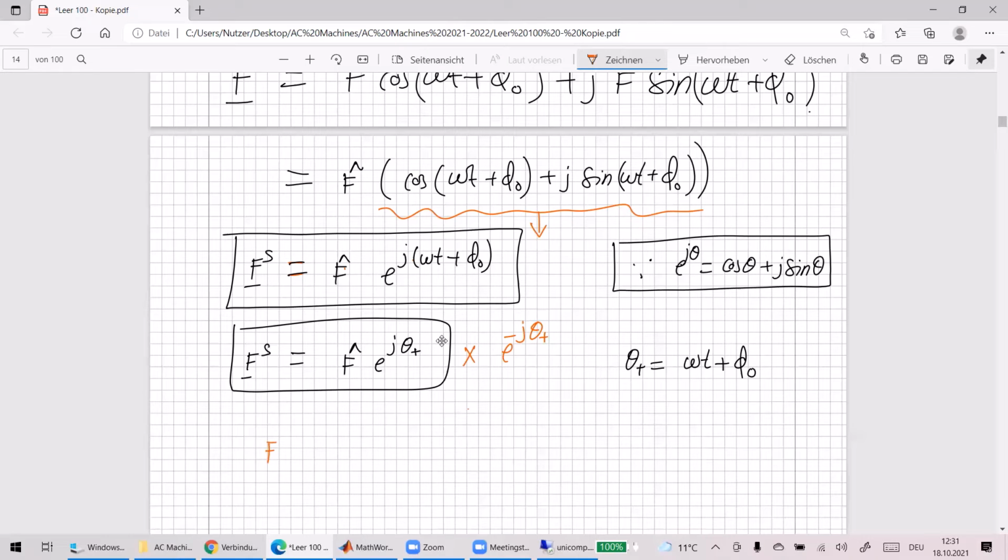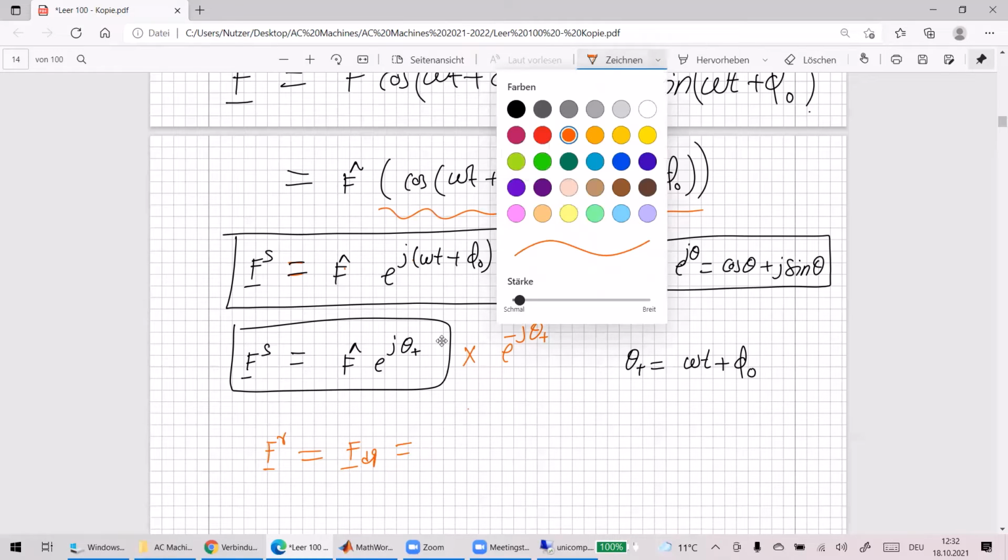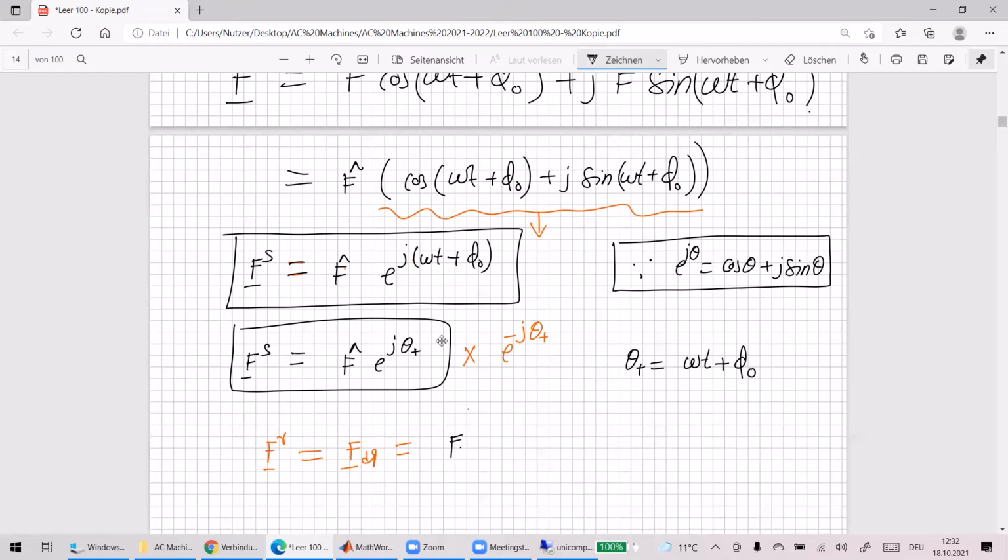And this is now going to be your rotating frame component, which is equal to your dq frame component. And this is equal to your f stationary into e power minus j theta. So I will not write positive here, but that's a concept.